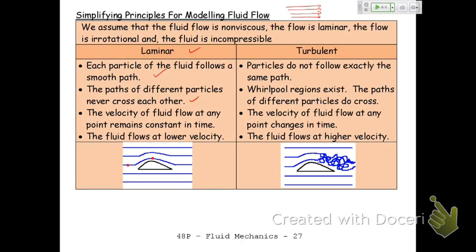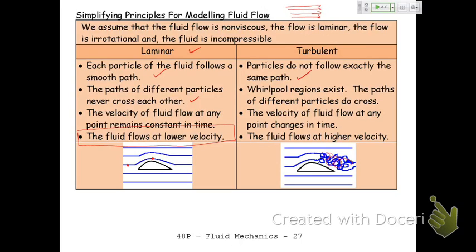And the fluid flows at lower velocity. That's how you get it. If you keep the velocity low, you'll tend to have laminar flow. Let's say we don't keep the velocity low. We turn up the velocity. Well, particles do not follow exactly the same path. You can kind of see it here. There's a jumble of particles. If you're in front of me, it doesn't mean I'll stay behind you. We could go in different directions.